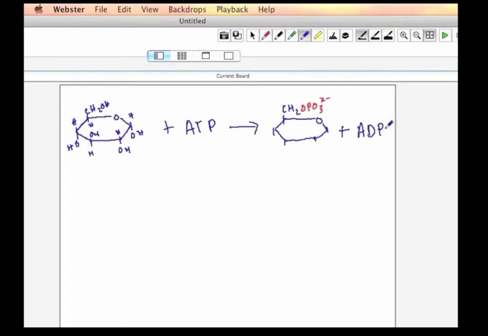Okay. All right, go back and look in your notes and determine what type of enzyme catalyzes this reaction. What class does it fit into? Okay, we see an ATP molecule, and we see, look at this, the transfer of a phosphate group from ATP to glucose. So this is a transferase.